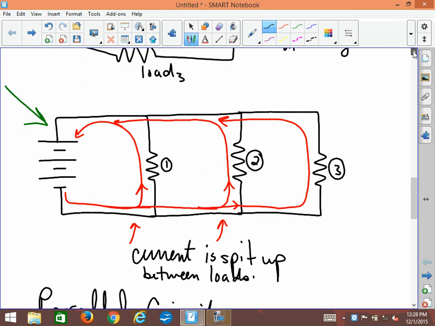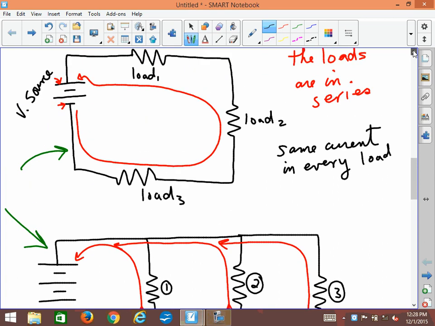In the first series circuit, we said voltages are added up. Voltage is kind of like the desire of the electrons to move. It's what's pushing them. But if electrons are following this path, I'm going to use a different color this time. When they get to this load, some of their desire to move, or some of the energy that they have, is going to be taken away by this load, whatever it's doing.